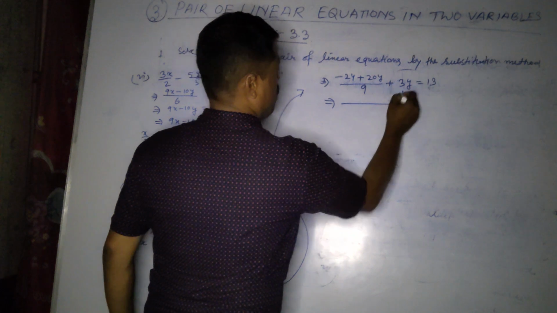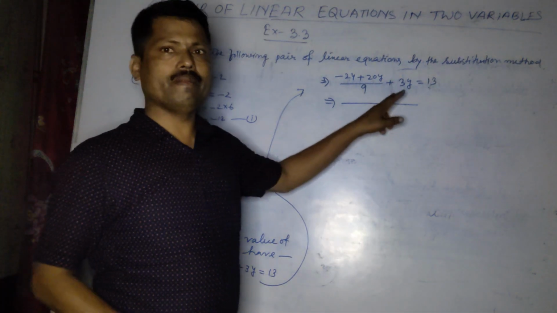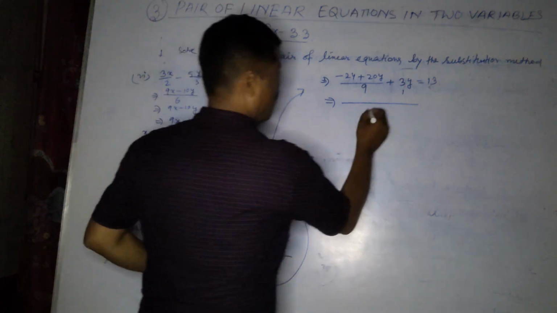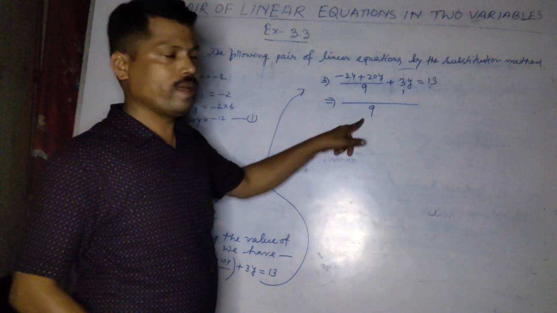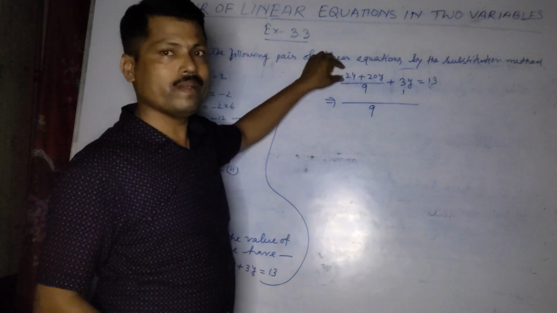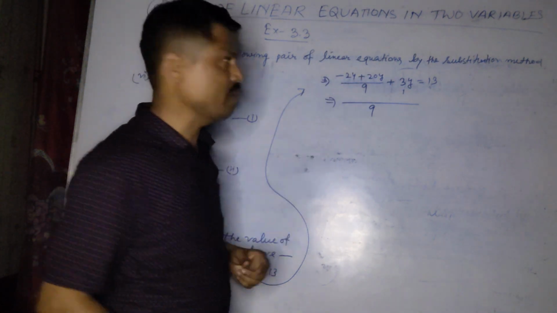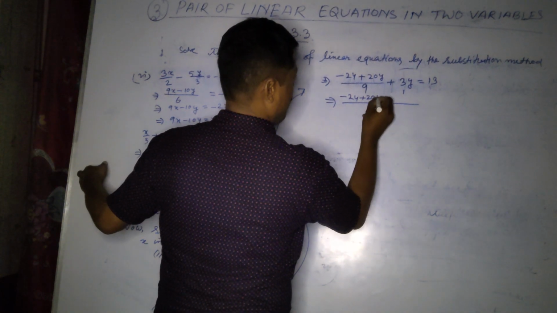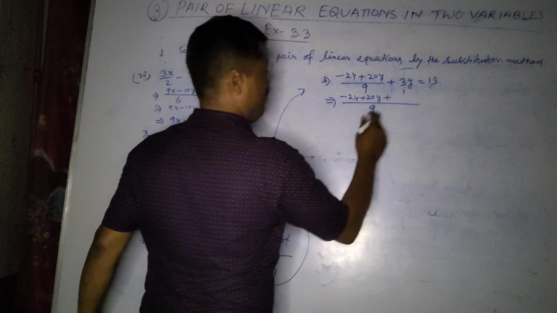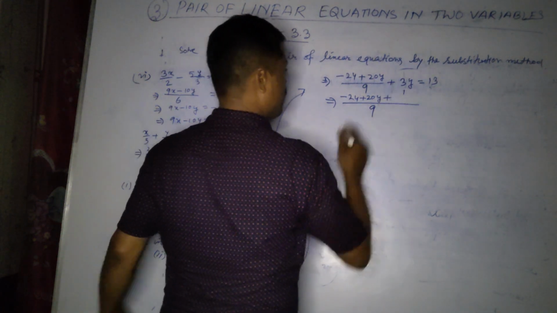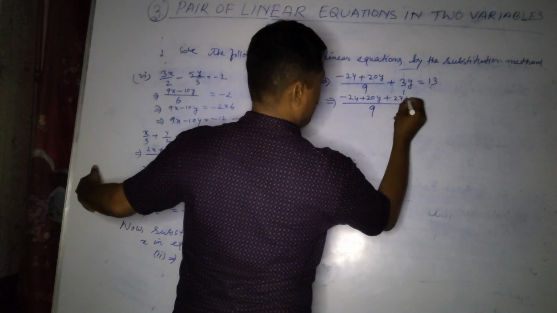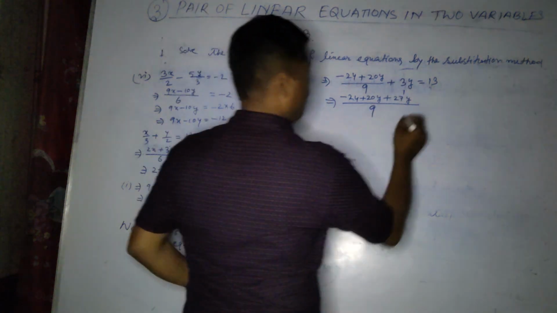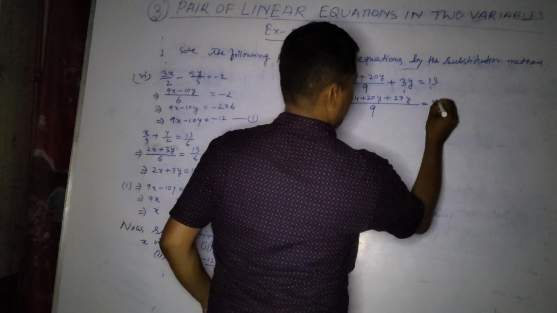In the denominator, 3y has 1, so the LCM of 1 and 9 will be 9. 9 in 9, 1 time. If we multiply 1 with this numerator, we will get the same here. So minus 24 plus 20y plus 1 in 9, 9 times, 9 into 3y, that is 27y, and 13.